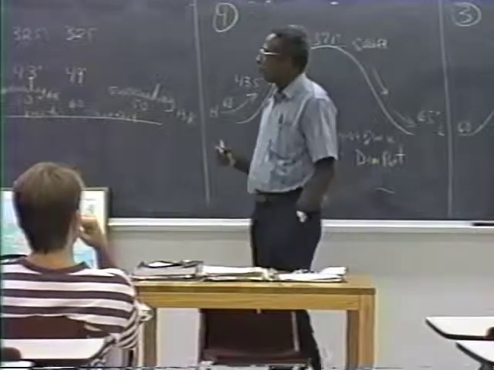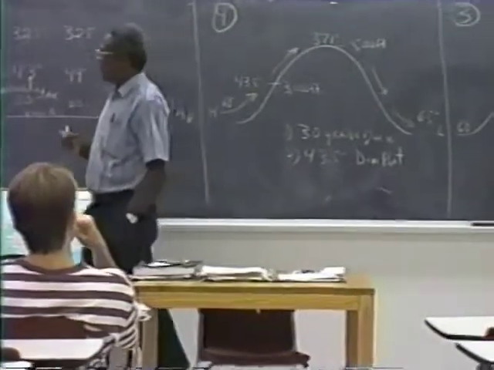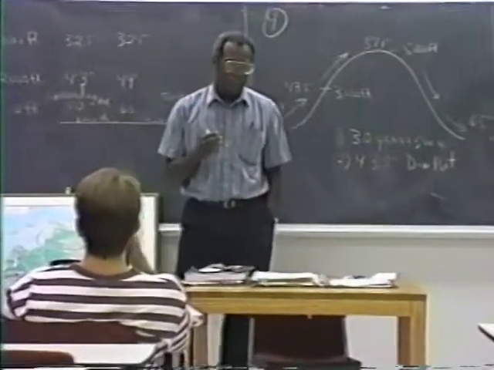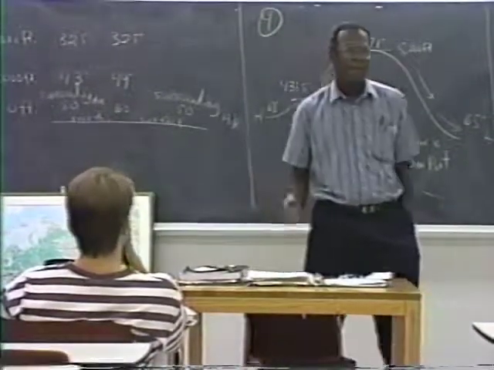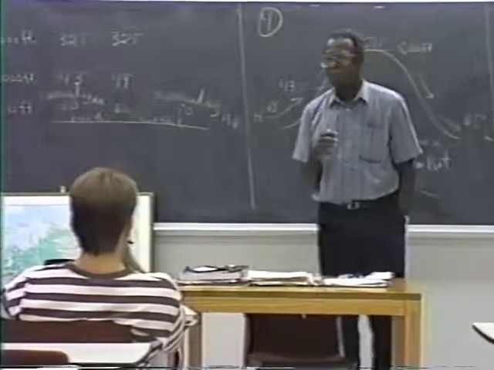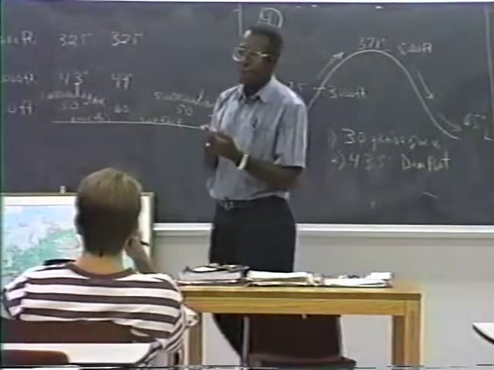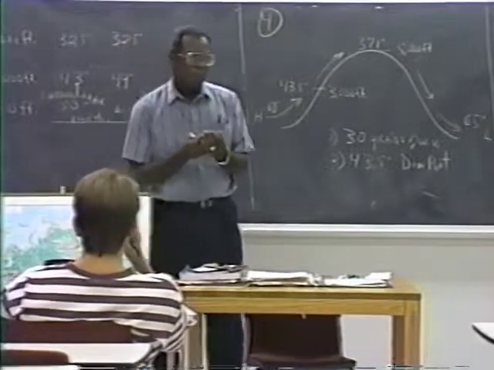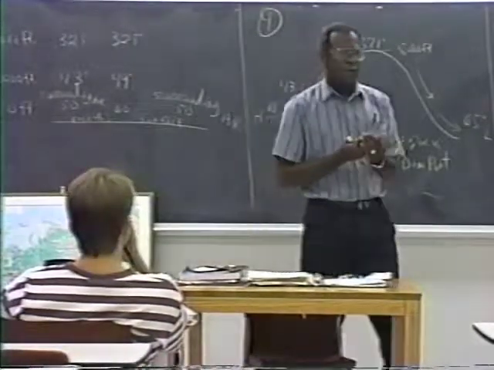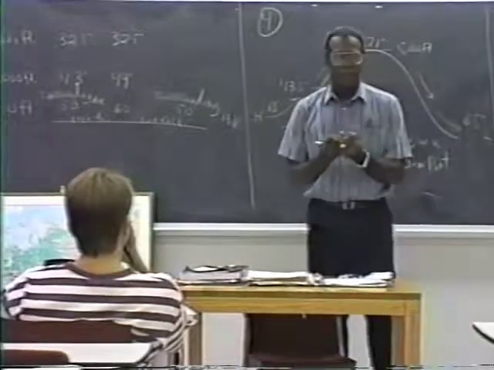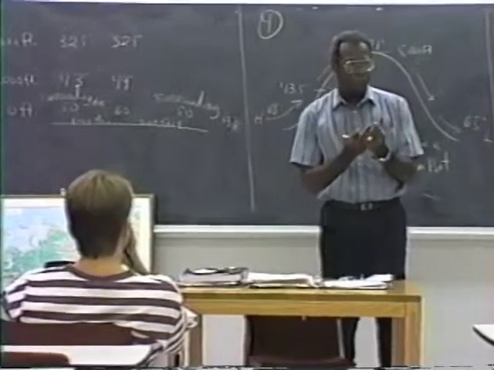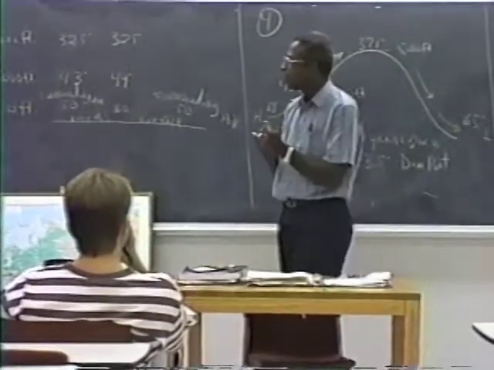Now, moisture basically is released in the atmosphere, as I said, when the air cools off. So there is a specific relationship, as you found out in exercise 2 part 1, between the amount of moisture in the atmosphere and the temperature of the atmosphere.